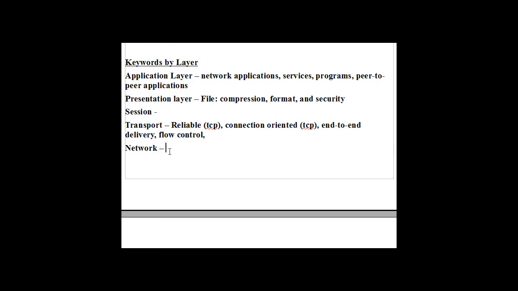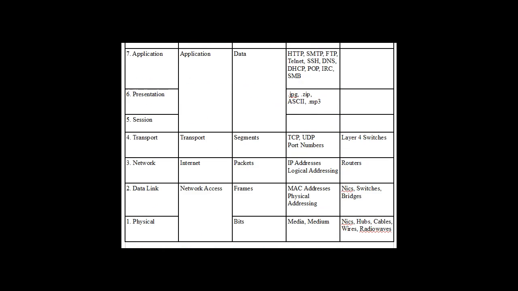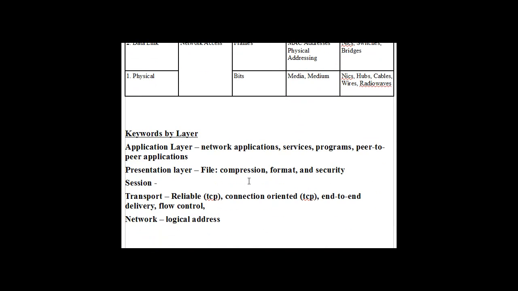Network layer. If you hear the word logical address or logical addressing, then you know you're dealing with the network layer and IP addresses. If you hear IP, you know you're talking about the network layer.